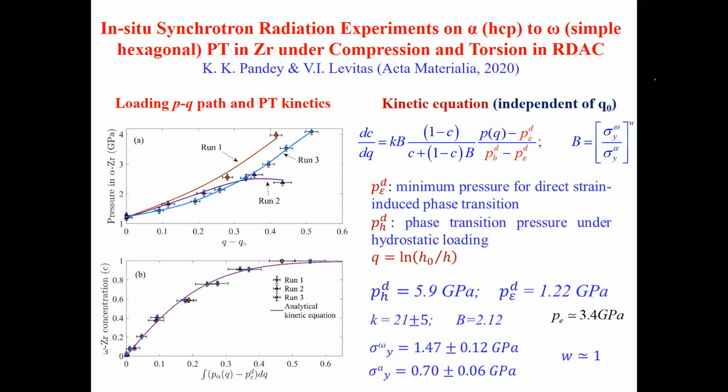And by the way, one important point to get such a simple kinetic equation, and confirmation of such an equation, which simplifies the entire problem drastically, is to preliminarily deform the material up to very high strain at low pressure without any phase transition, but up to such strain that hardness and yield strength don't increase anymore. And then we obtain a stationary microstructure.